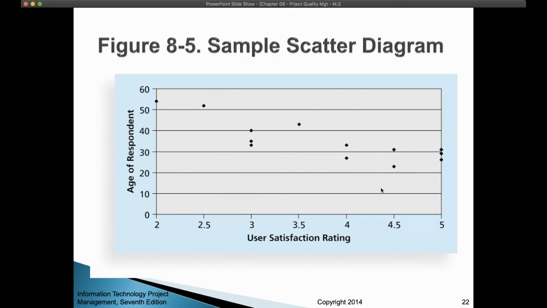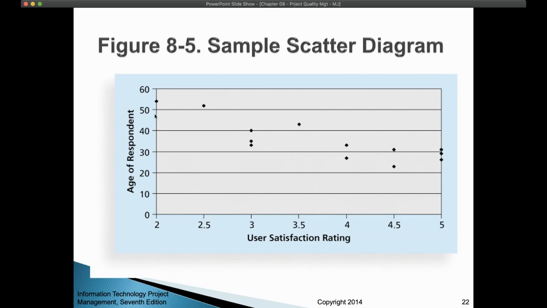So if you look at these scattered points, you can see that people who are older have less satisfaction than people in their 20s. Okay, see the age of 20s, they have more satisfaction. 20 to 30, they have higher satisfaction rates.